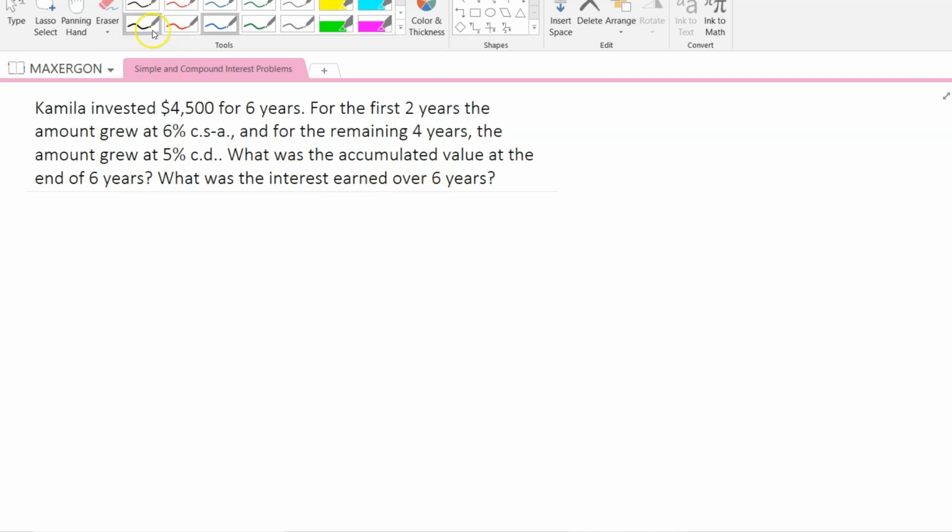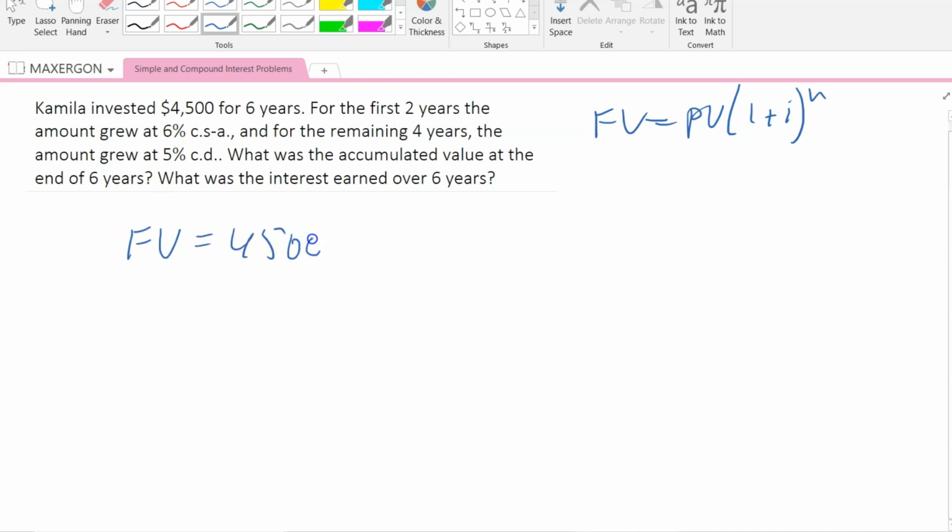So, of course, we will start with the same formula, which is future value equals present value times 1 plus i to the power n. And here we will notice that 4,500 is the present value, so we'll have future value 4,500 times 1 plus 0.06 divided by 2, because the rate is compounded semi-annually.